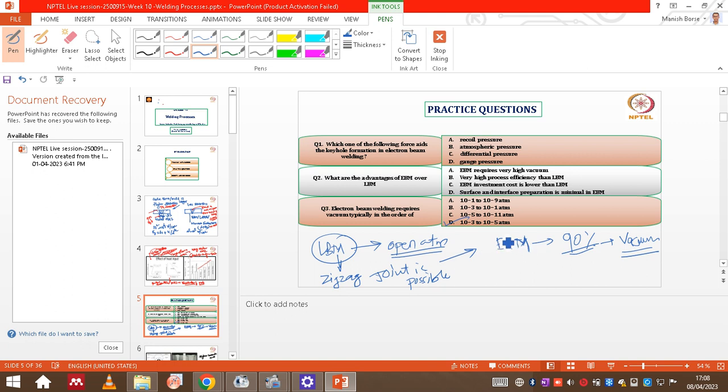Because of that, we can't keep bigger specimens under the vacuum. It will need a very large setup, so because of that disadvantage, we can't use the process for the largest specimens.